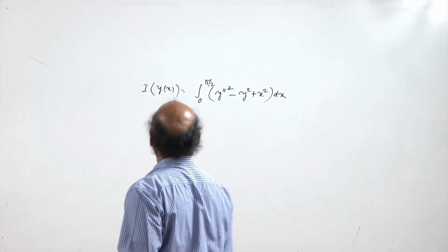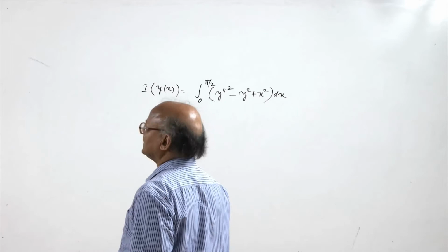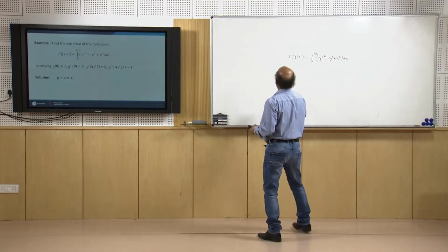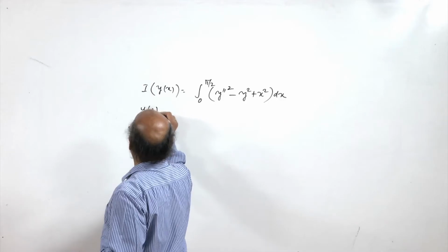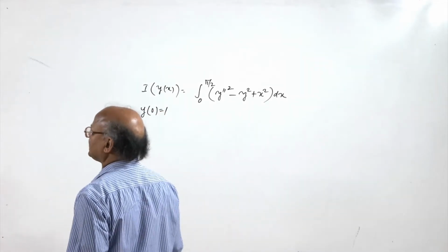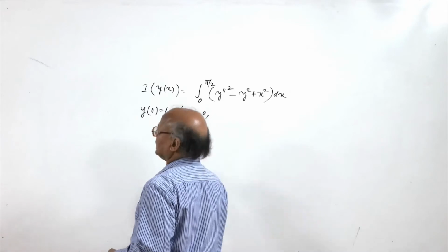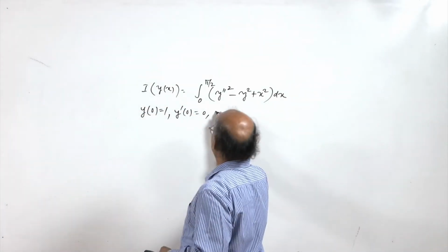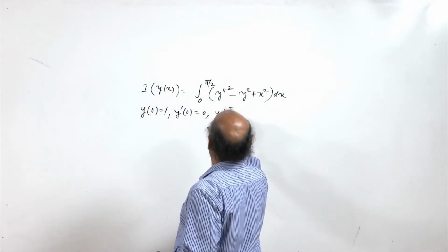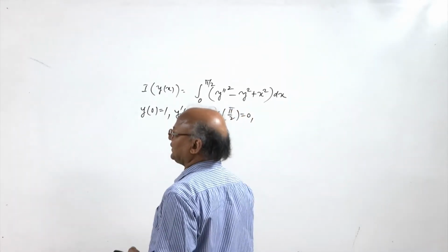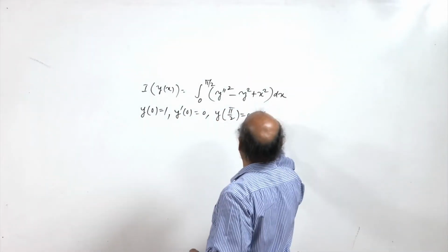This is a functional which involves derivatives of second order, and we are given y(0) equal to 1, y dash 0 equal to 0, y(pi by 2) equal to 0, and y dash pi by 2 equal to minus 1.